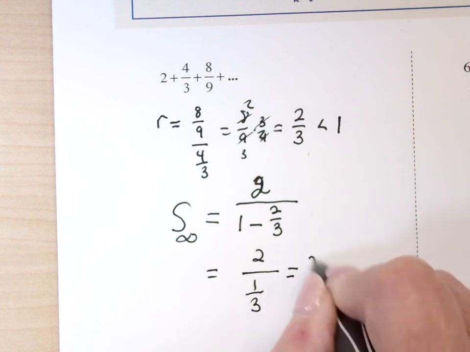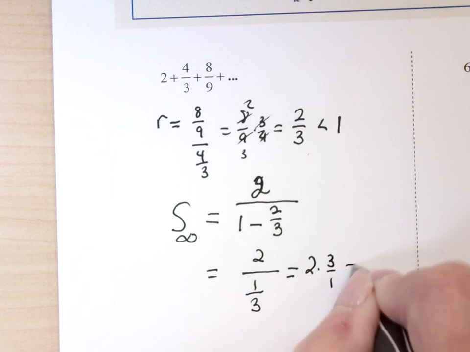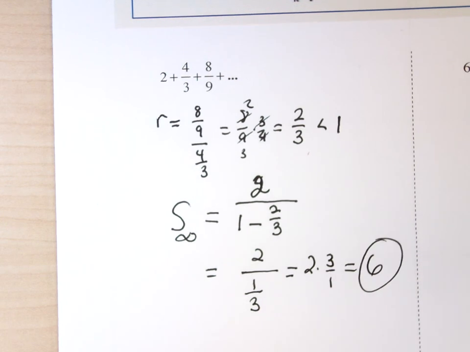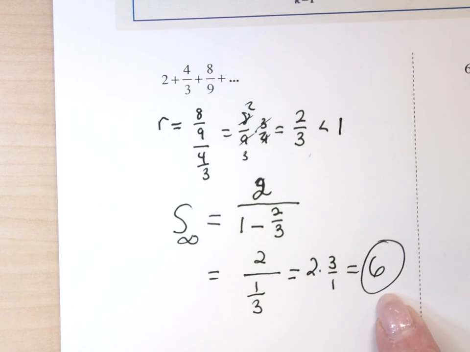Flip and multiply is 6. And that says I can add those things from now till the cows come home, and I will get a number which is going to be closer and closer to 6. The more numbers I add, the closer I get to 6.